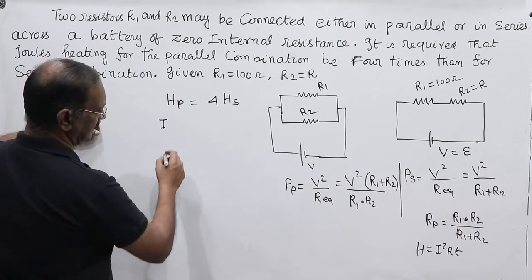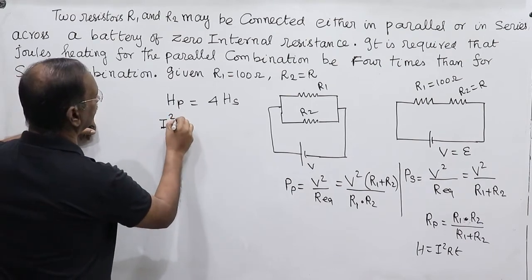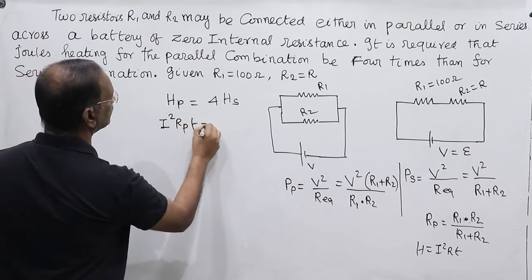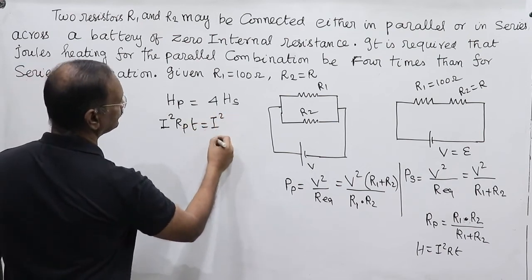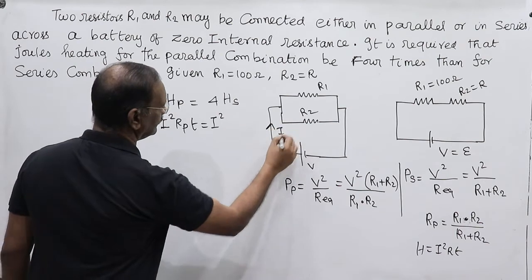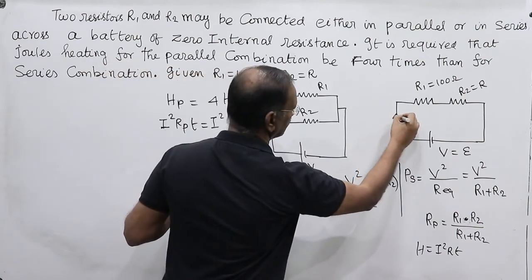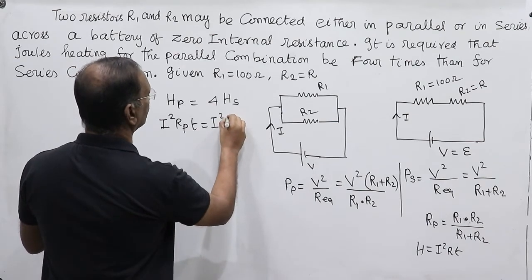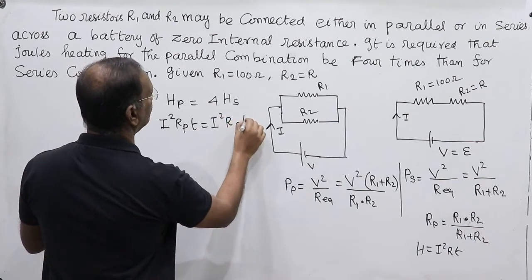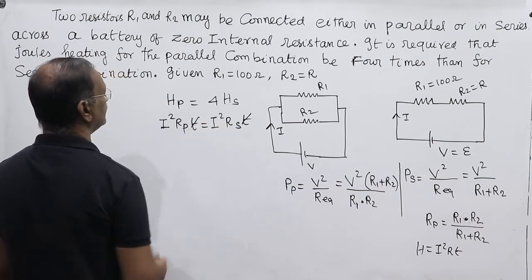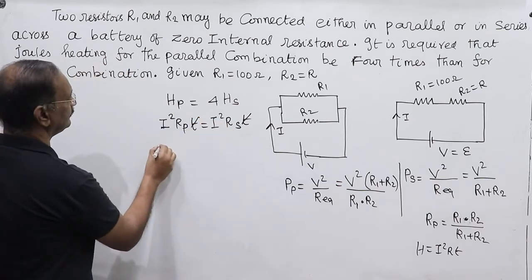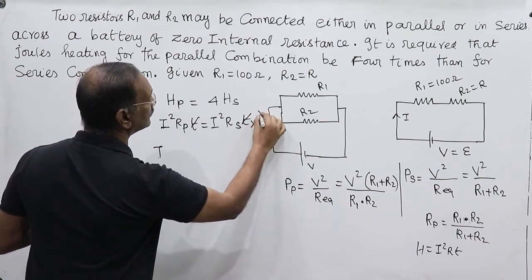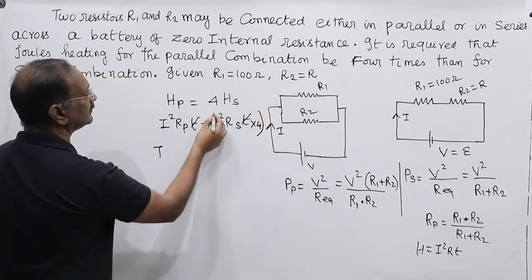So we can write I square R parallel into T is equal to I square R series into T. This is I, this is I. These two we can cancel, where I square is 4 times.